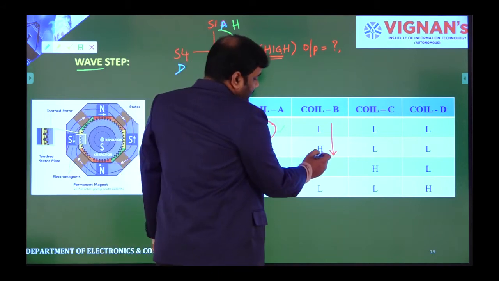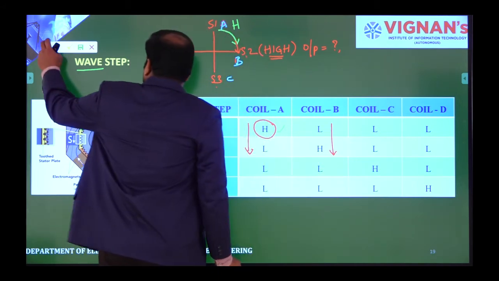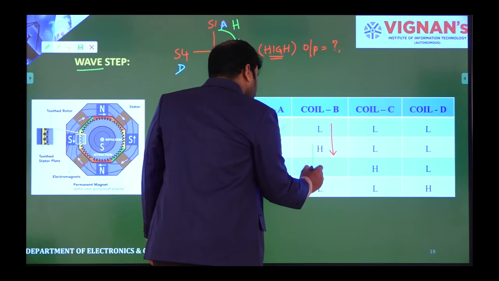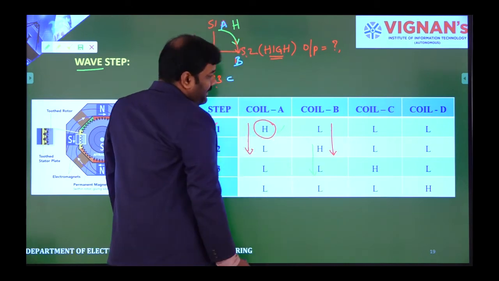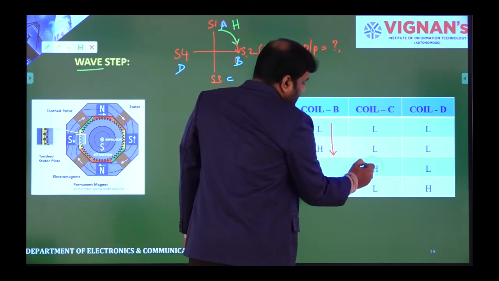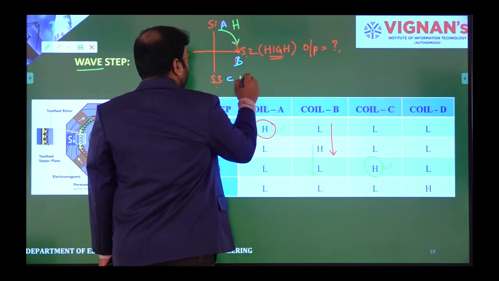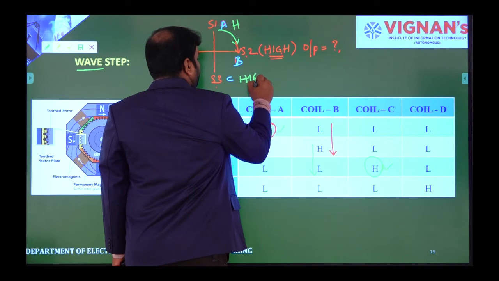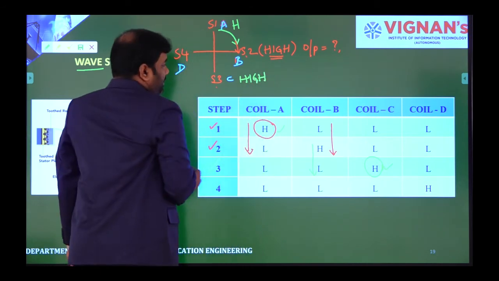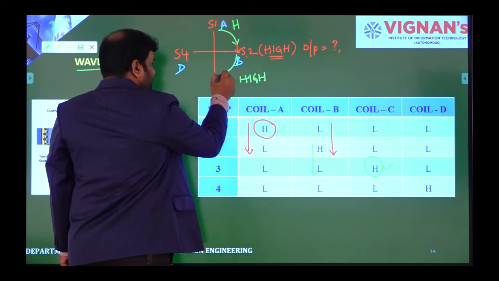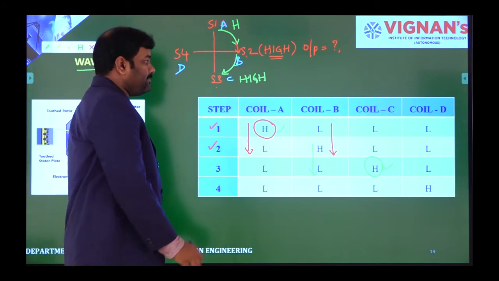So I am here changing the operating modes from high to low in coil B, but immediately coil C I am making high. It means I am providing high, but it has not yet reached C also.